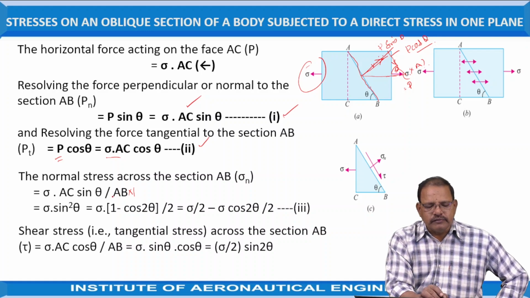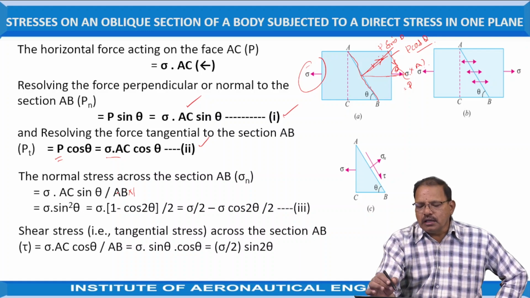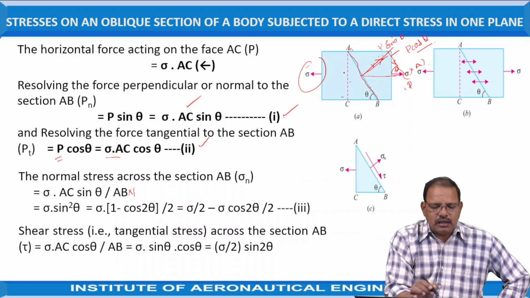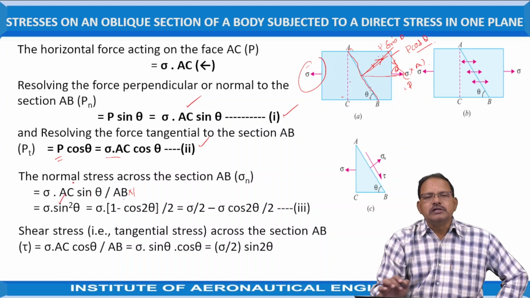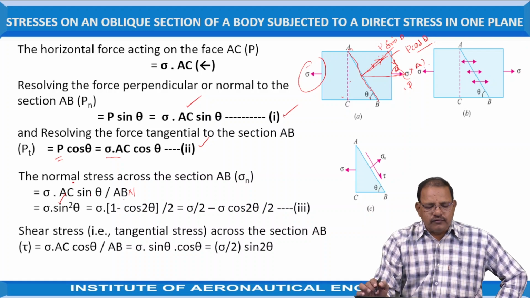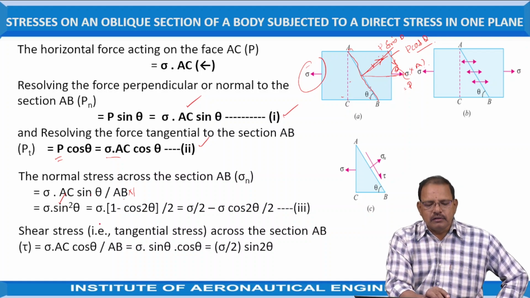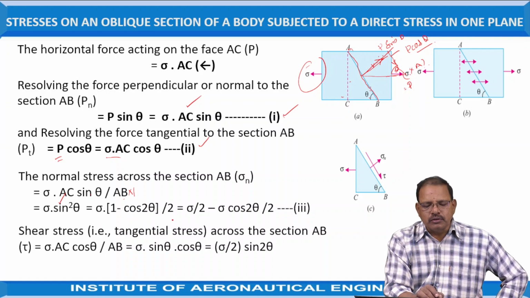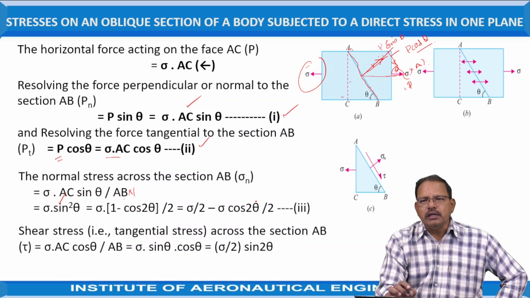So from this relationship we get AC by AB is equal to sin theta. Hence, sin theta and sin theta give sigma sin square theta, which can be written as sigma by 2 minus sigma cos 2 theta by 2.